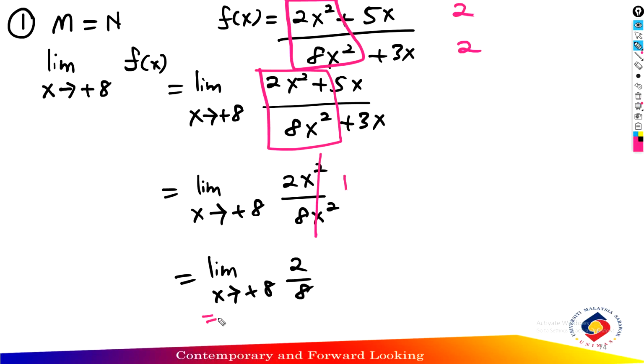So the limit at infinity, the answer here, equals 1 over 4. Okay, settled.